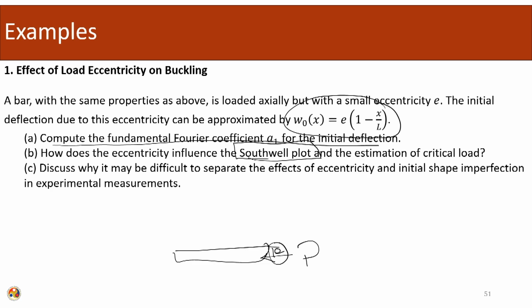And after that there is a discussion of why it may be difficult to separate the effects of eccentricity and the initial shape imperfection in the experimental measurements. So basically it is being asked that when we do an experiment, why it becomes difficult to separate out the effect of the eccentricity and the initial shape imperfection.